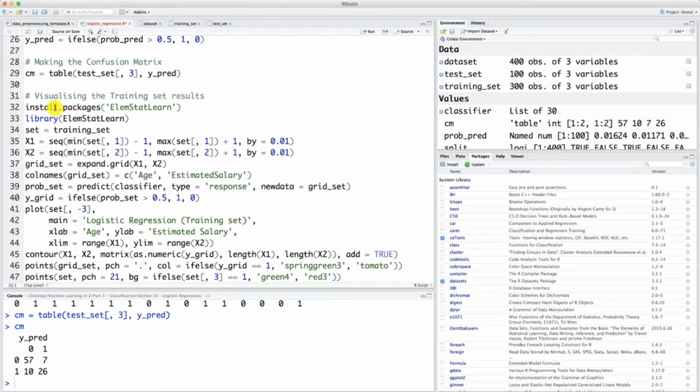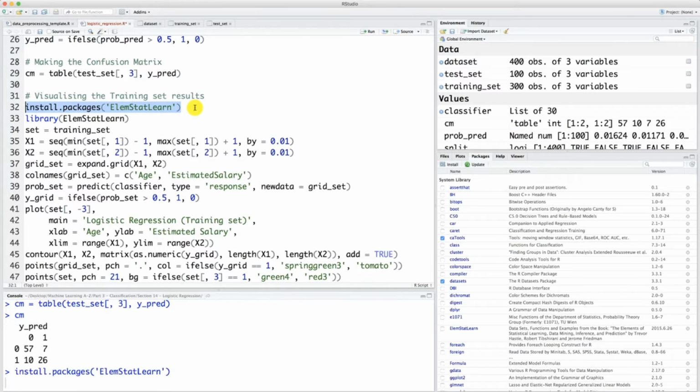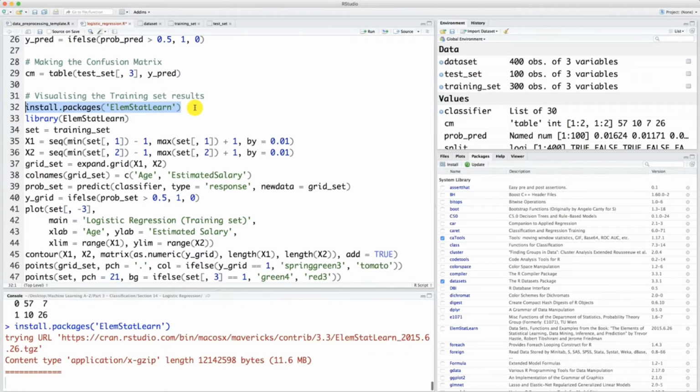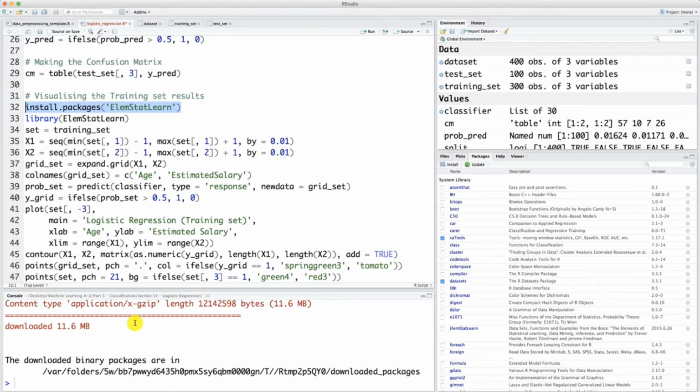And you type install.packages and then in parentheses lmstatlearn, that's the name of the package, in quotes. Then you select this line and execute. And right now, as you can see, it's installing the package. And now the package is installed. I didn't have to do it because it was already installed, but that was just to show you.